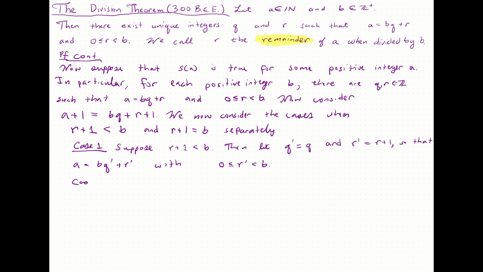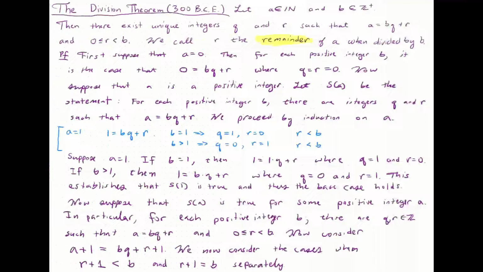Case 2. So now here, we're going to suppose that R plus 1 is equal to B. So let Q prime, and here's where we go back to our motivating example.